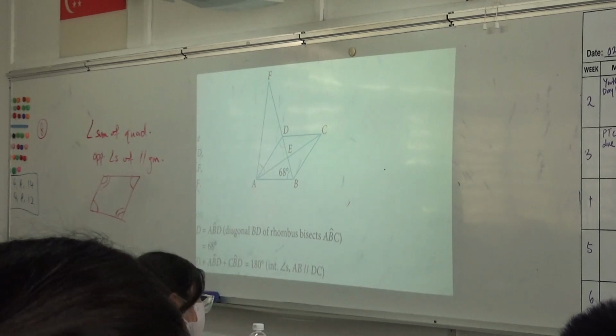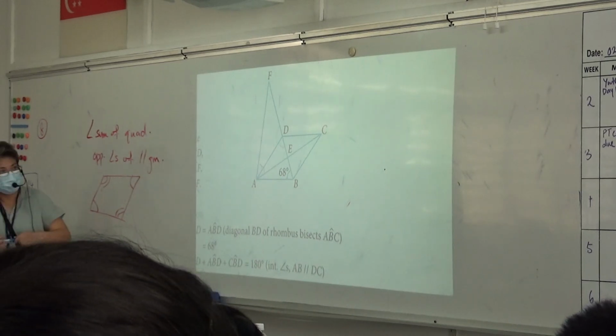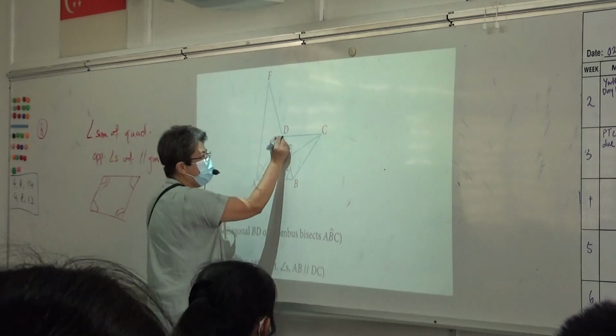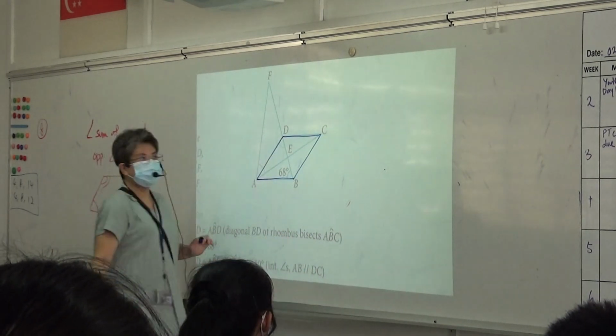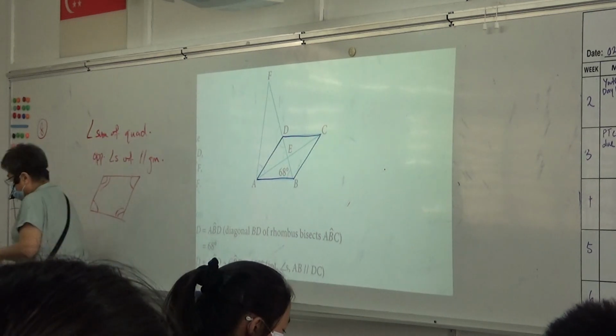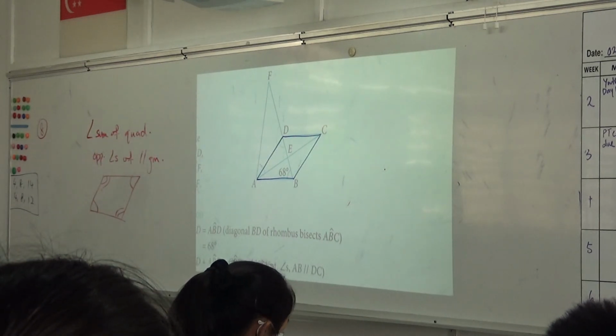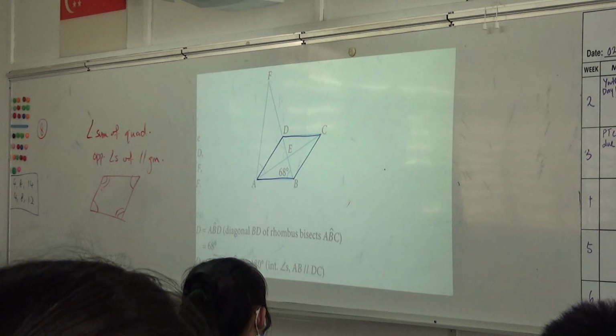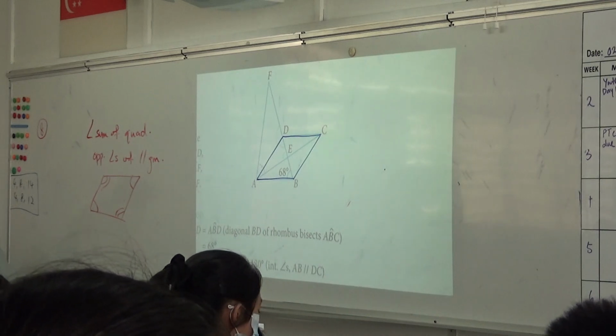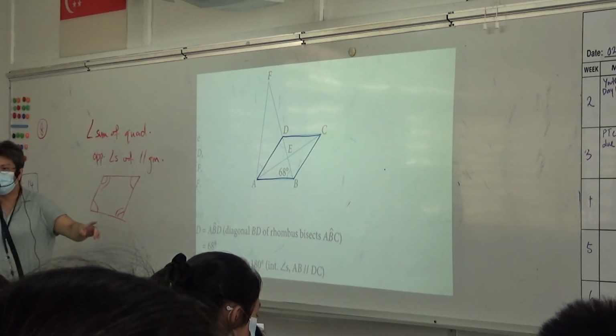The diagram shows a rhombus ABCD. Now, that means this guy is a rhombus. Understand now? Then what happens? Diagonals AC and BD intersect at E. The diagonal BD is produced to F. Now what do I mean by produce?